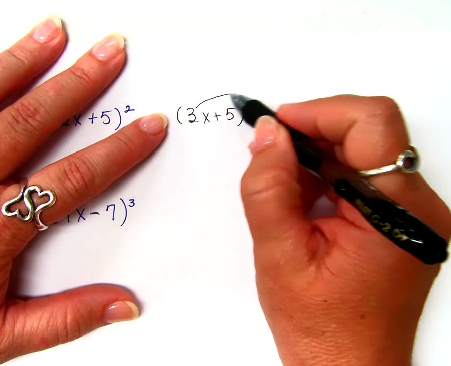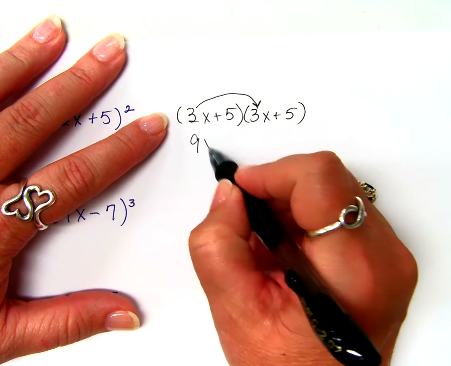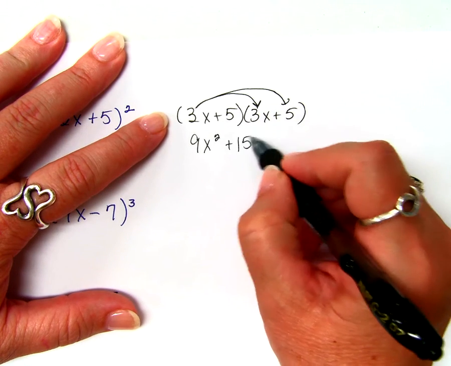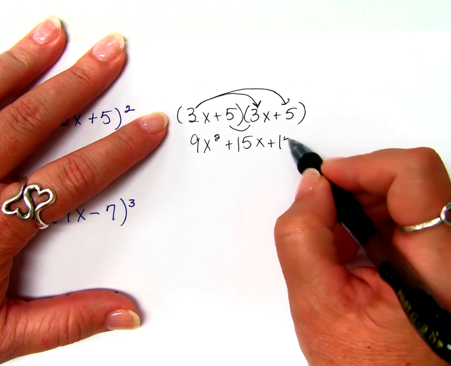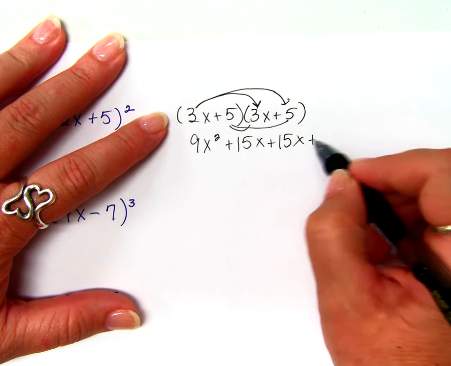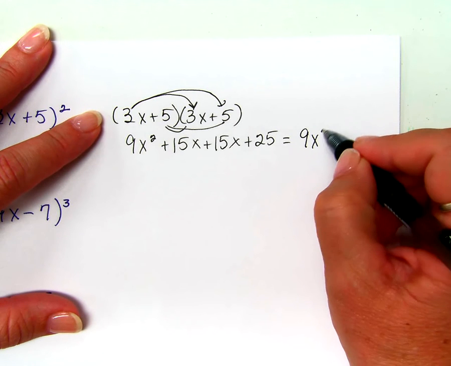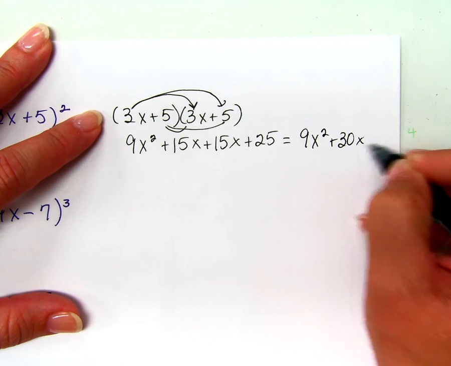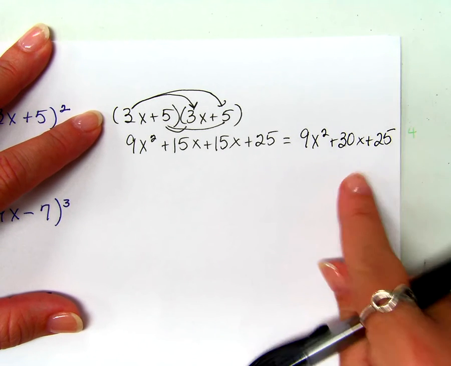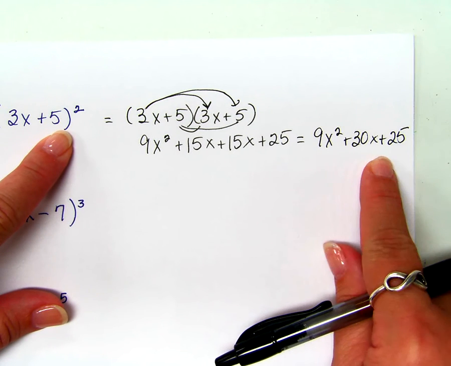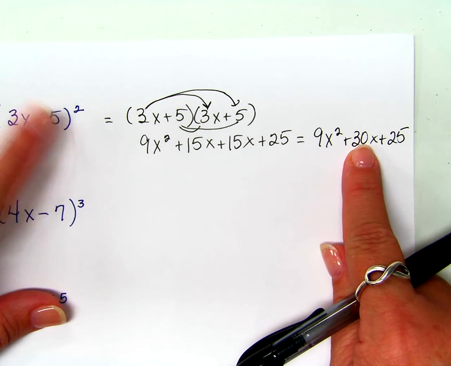And then we just distribute, just like we did on the problems that we just did. 9x squared plus 15x plus 15x plus 25. So the final answer I get is 9x squared plus 30x plus 25. If all you do is square the first term and square the second term, you'll get it wrong every time because you'll have missed that middle term.